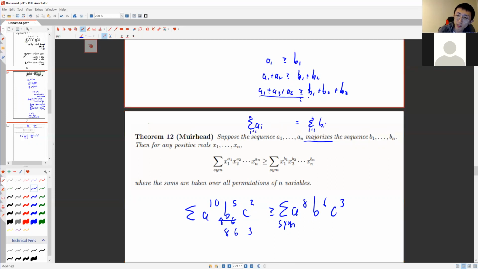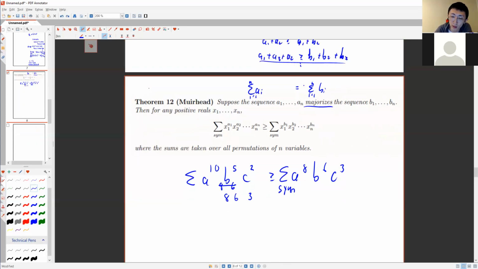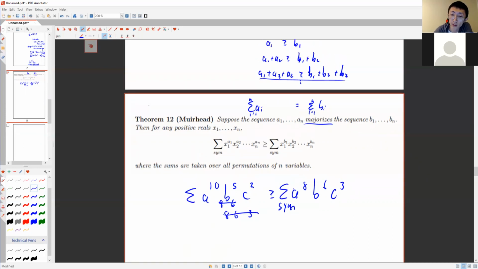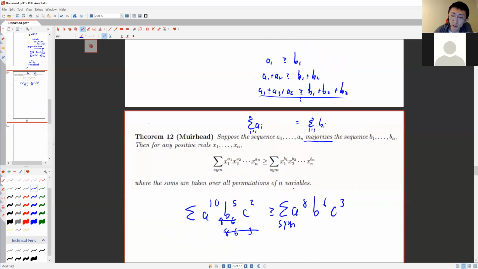Maybe we'll just stick with the 3 variable case, and then this should be an equality sign. But if you have more variables, only the last one is an equality, and all the rest before are weak inequalities. That's what it means for a sequence to majorize another sequence.